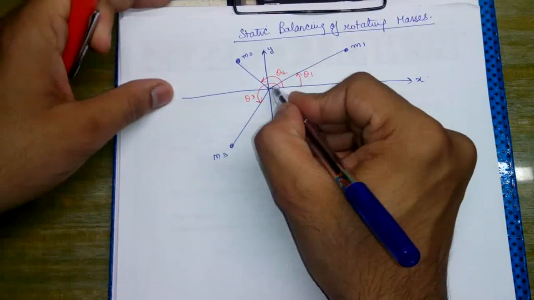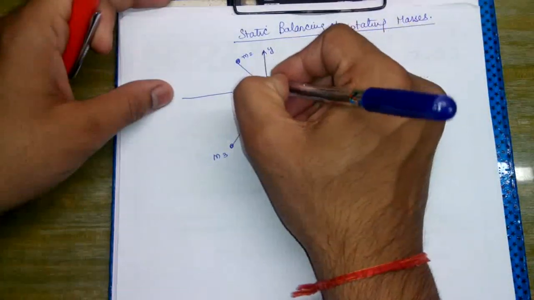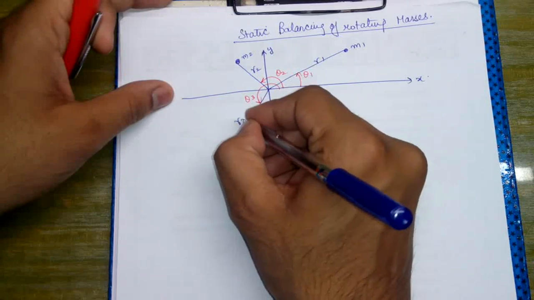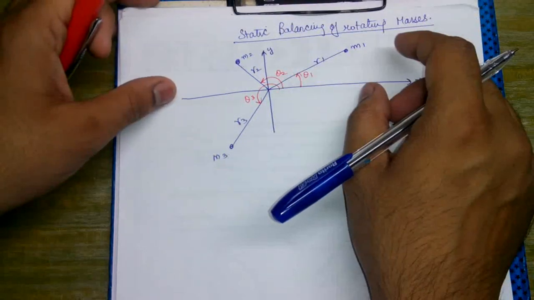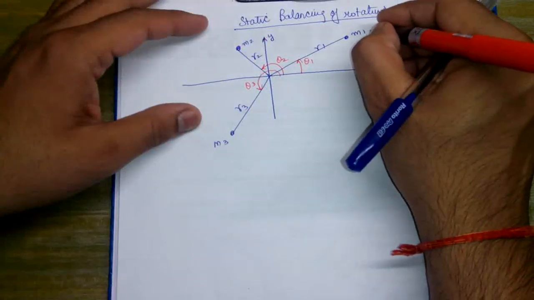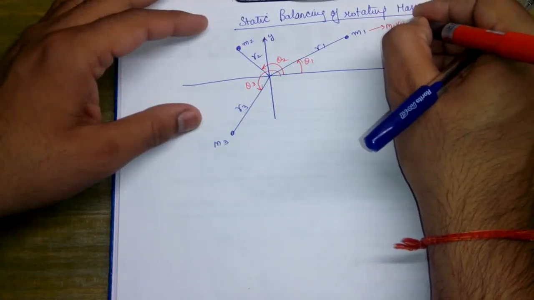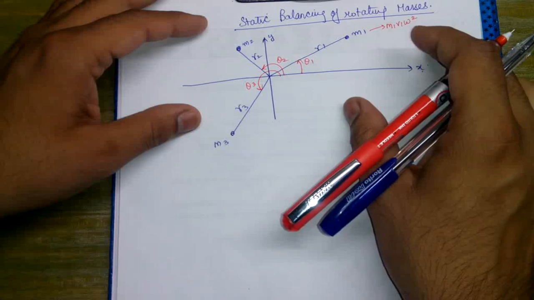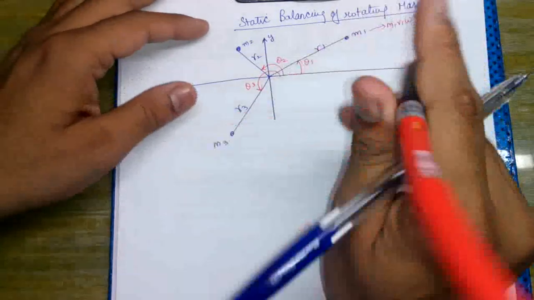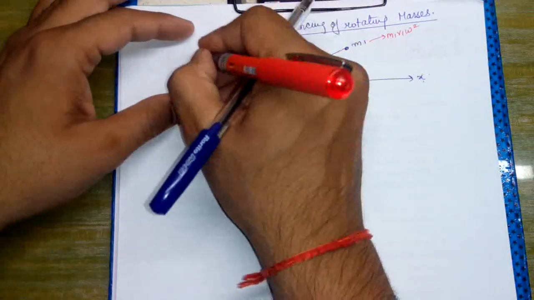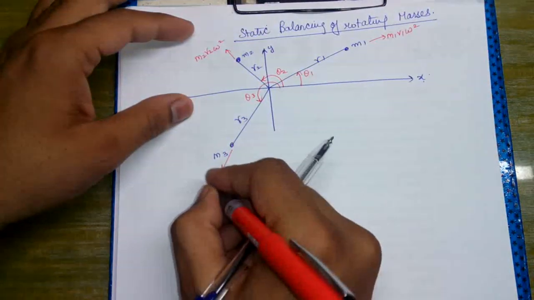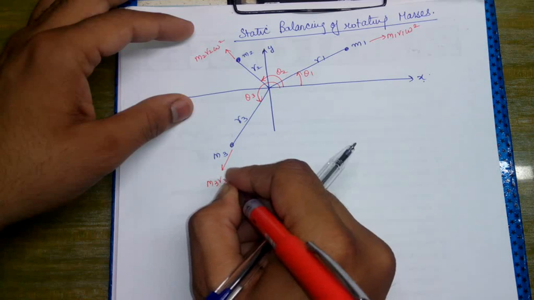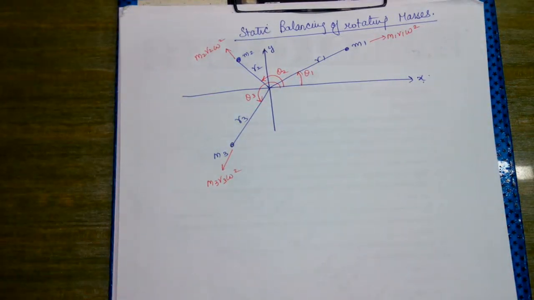This distance is r1, this is r2, this is r3. The force corresponding to this would be m1 r1 omega square. The sense of rotation for all these masses is the same. We will write m2 r2 omega square, and for this we will write m3 r3 omega square.